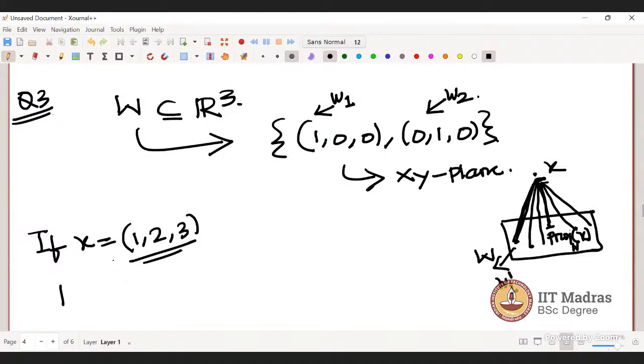If I take W2 dash, this will also give me some distance. If I pick any element of W, there will be some distance between x and W. But this particular vector, the projection, this distance is always less than the others.